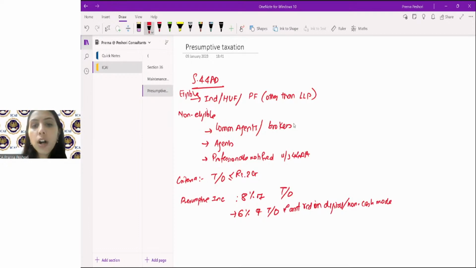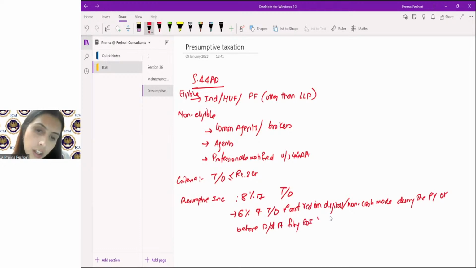So if it is received through account payee cheque or bank draft or ECS or credit card, debit card, IMPS, NEFT, amount received during the previous year or before the due date of filing return of income under section 139(1). So you have to consider that the amount even received before the due date of filing return of income will also be considered. Clear?